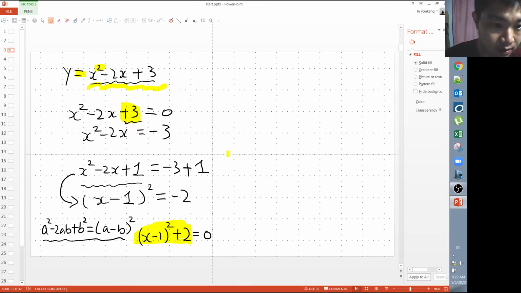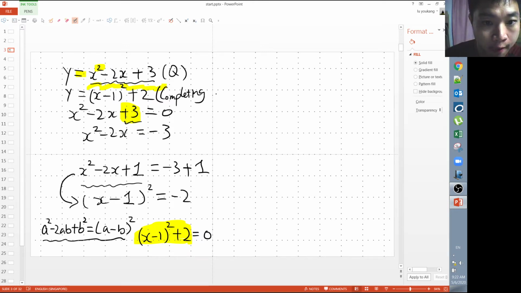So I can write down y is equal to (x minus 1) to the power of 2 plus 2. This is the question after completing the square.